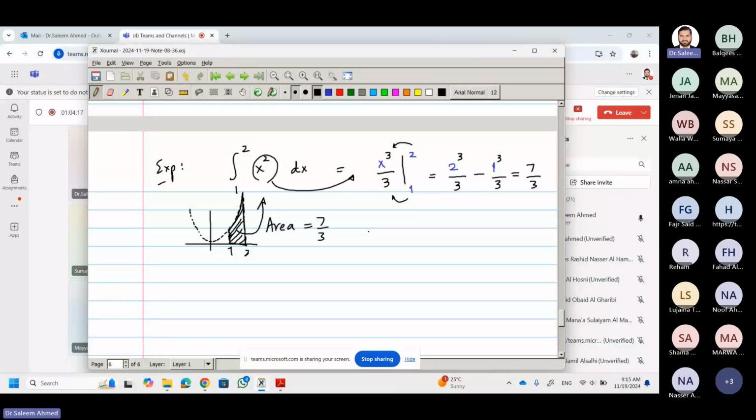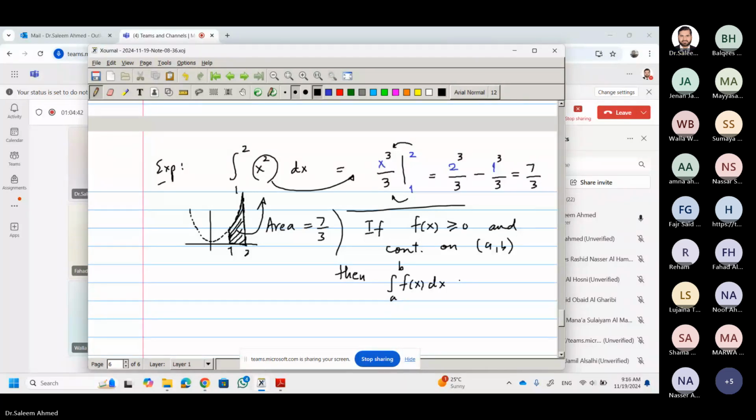Okay. So remember f(x) is positive, f(x) is above x-axis. If your f(x) is greater than or equal to 0 and continuous on the interval a to b, then the integral from a to b of f(x) dx gives you the area under the curve.